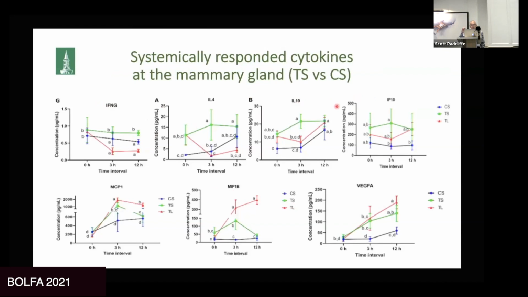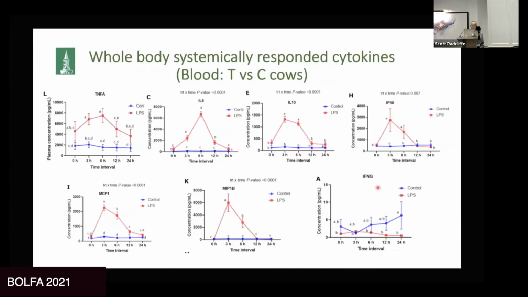So that means they potentially protect those non-LPS challenged glands systemically, okay? They clearly have an increase systemically. Also included are MCP1, MIP1B, and VEGF-A, which are increased in the systemic gland.